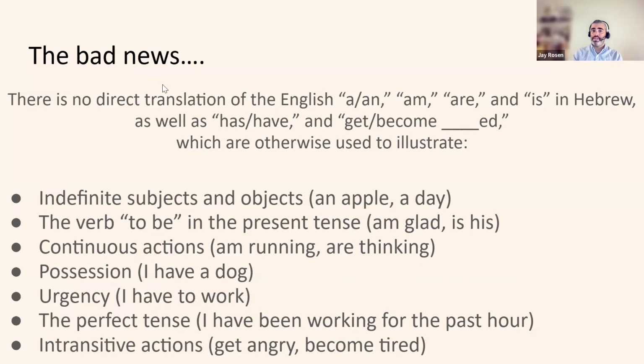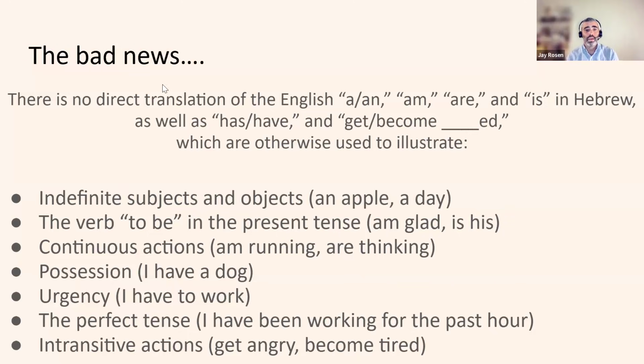Okay? Indefinite subjects and objects. An apple a day. Some of you may know that expression, an apple a day. You can't literally translate that into Hebrew using four words. There are no words that literally replace an apple a day. There are words obviously for apple and day, but an and a don't exist. What do we do?